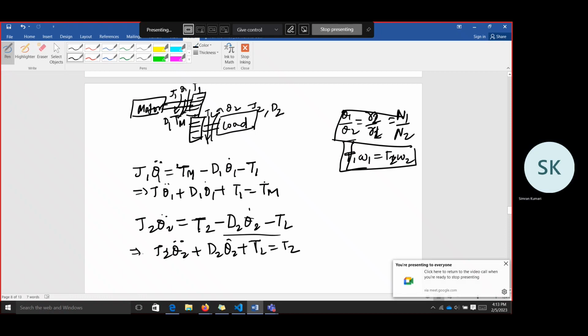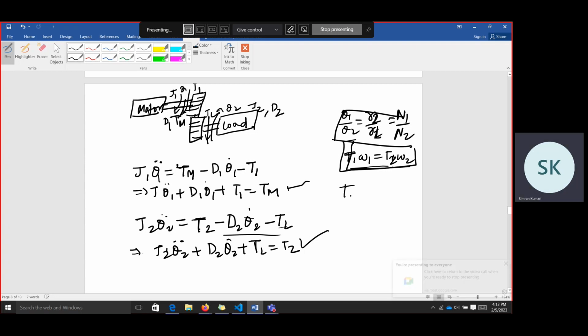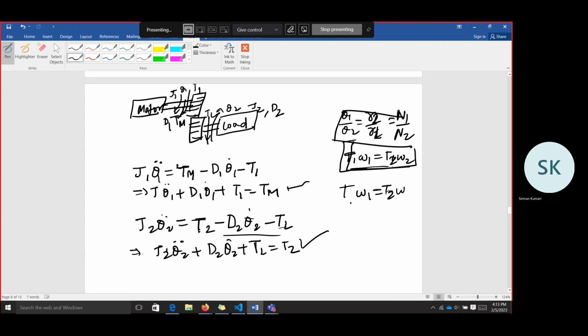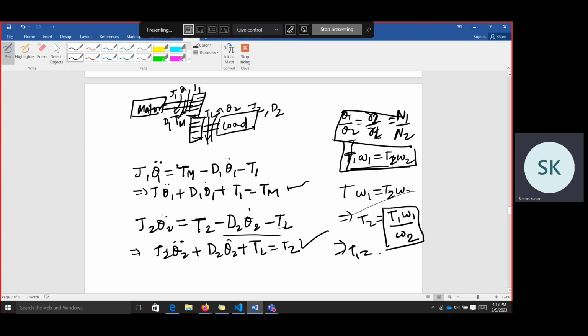So these are two equations. Now from here, if we see this equation, we can write T1 omega 1 equal to T2 omega 2, or T1 equal to T2 omega 2 by omega 1.